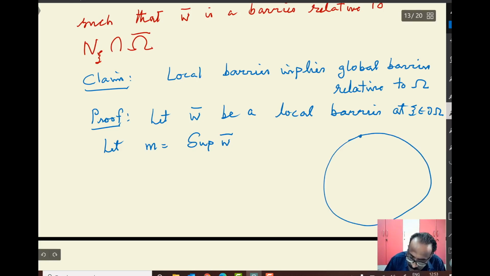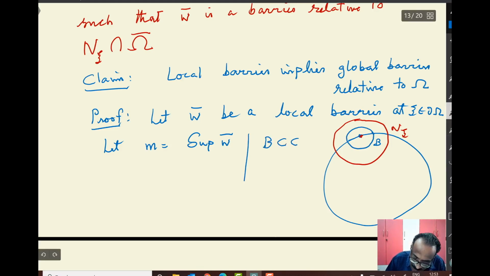So this is your ψ, and you have your N_ψ here. On that you take a ball here first. This is B. So your B is contained in N_ψ, and of course ψ is also in B, a ball centered at ψ. So you can take this ball.